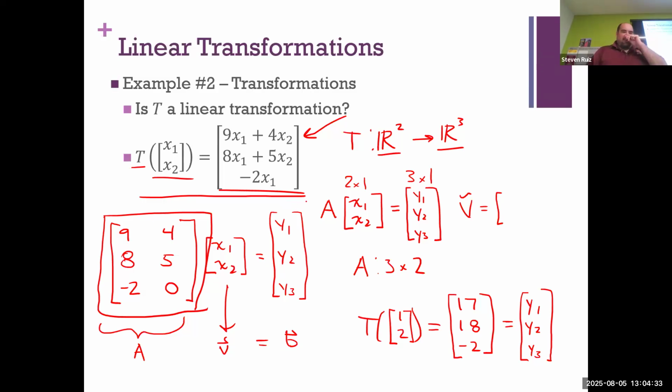But let me ask it this way. I want to come up with a basis for all of R2. So some number of vectors that I can combine in any way I can think of that can reach anything that looks like this, so basically a two-dimensional vector, xy.